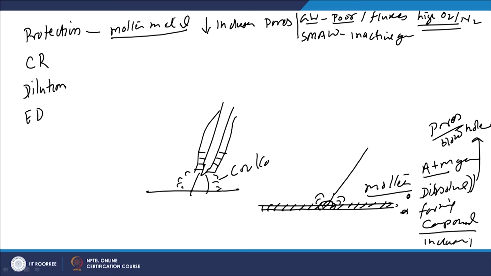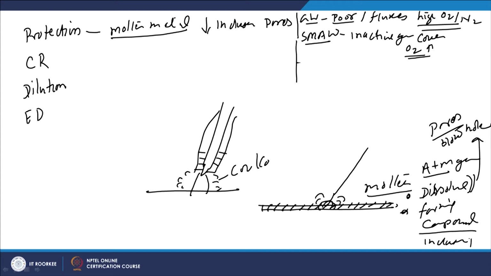These inactive gases form a blanket or cover all around the molten pool, which protects the molten metal from the atmospheric gases. So, an inactive gas cover is formed. This is somewhat better than what we get in gas welding, but still the oxygen content is higher in the shielded metal arc weld beads deposited using this process.